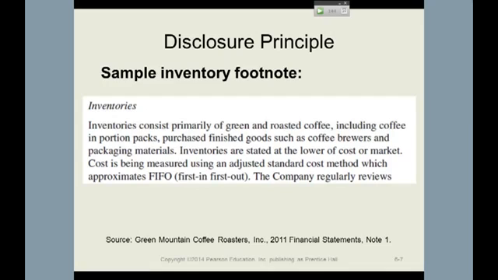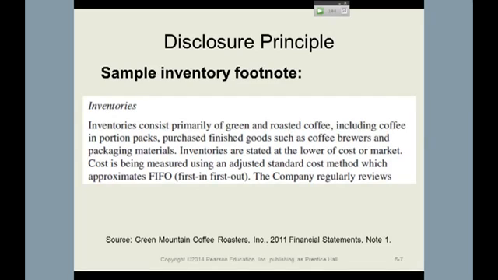Inventory is stated at what is known as the lower of cost or market. So inventory is stated at the lower of its original cost or its market value. That means if its market value collapses, the inventory is reduced because it's lost some value. And that's being, as we'll see, conservative. And it's measured by using an adjusted standard cost, which you'll see next semester.